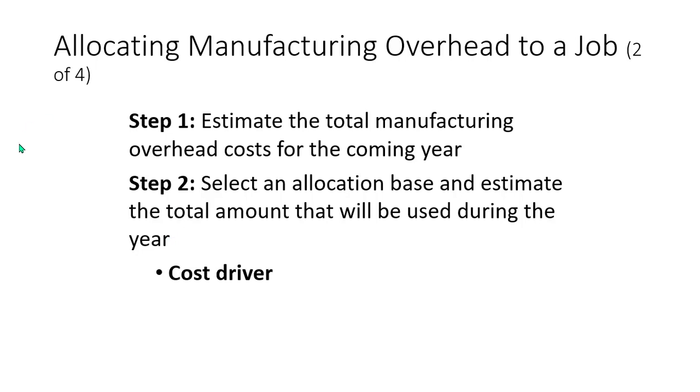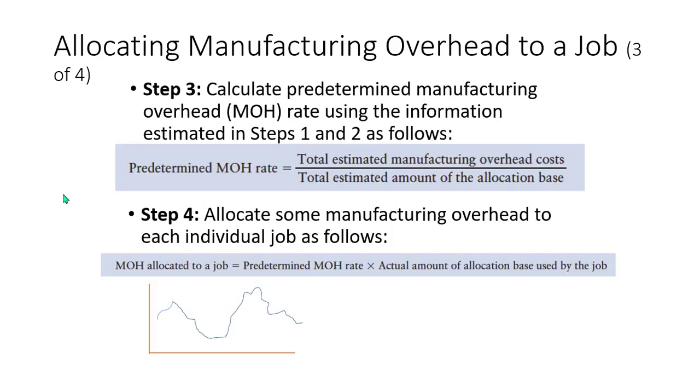So this is dollars over the allocation base: manufacturing overhead divided by some kind of a cost driver. We take the total estimated manufacturing overhead costs and divide it by the total estimated amount of the allocation base, and that gives us our predetermined overhead rate. This is done at the very beginning of the year and it's used all year long.